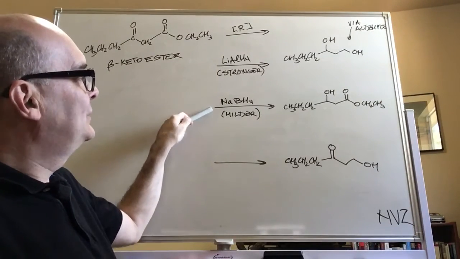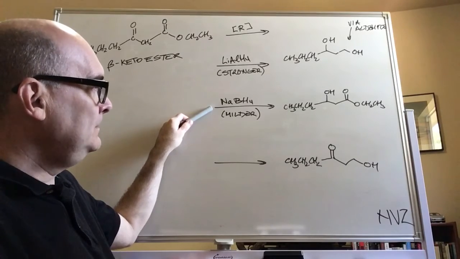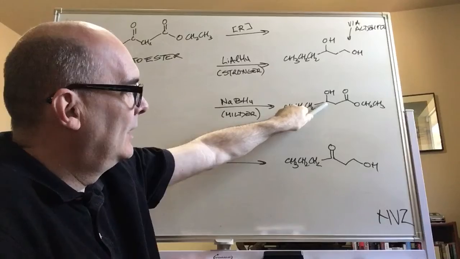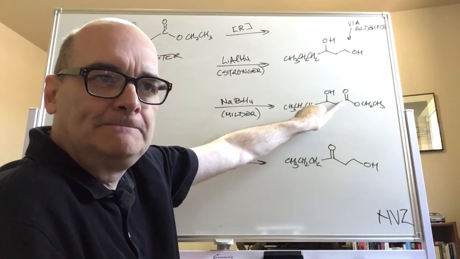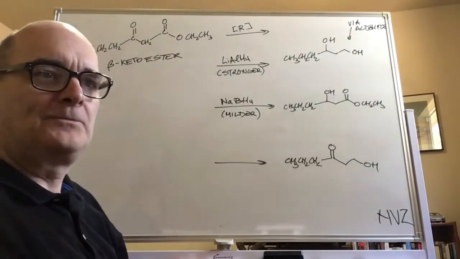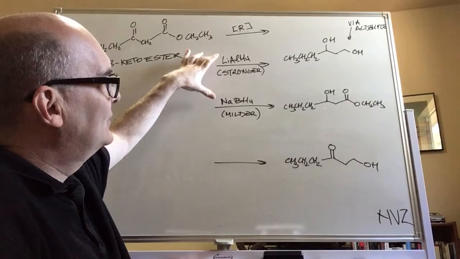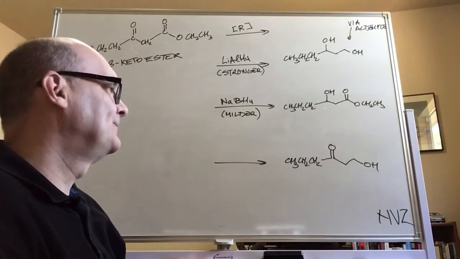If I use a mild reducing agent, then I manage to reduce the ketone, but I don't get to reduce the ester. Okay, so I've got some selectivity here, that if I change the reagents, then I change what gets reacted.